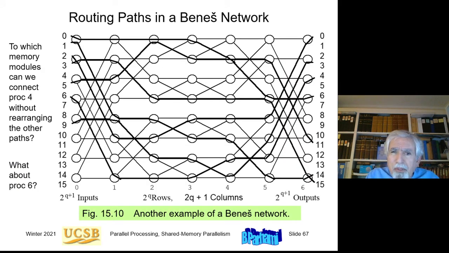Here's an example where you see some paths established between various processors and various memory modules on the other side. Now, suppose I decide that, in addition to those connections, I also want to connect processor 10 here to memory module 10, which is not used here.